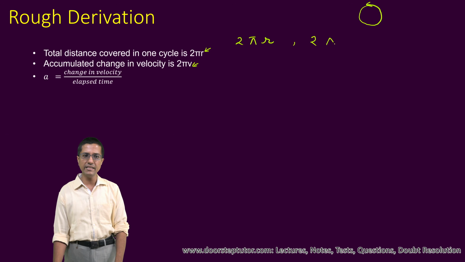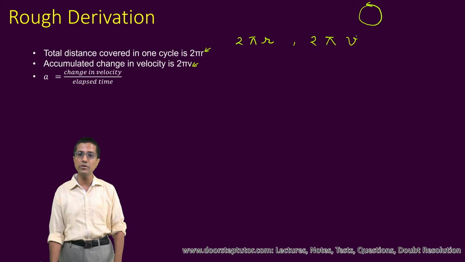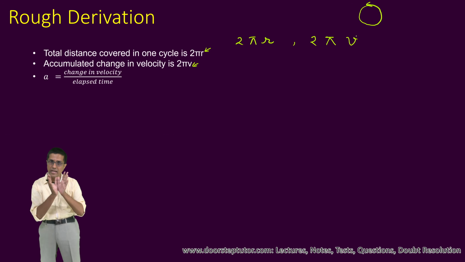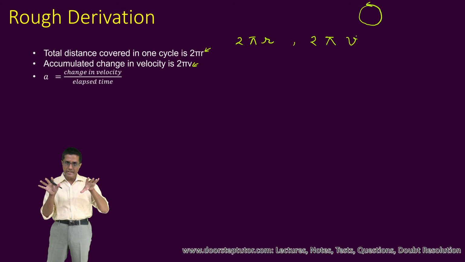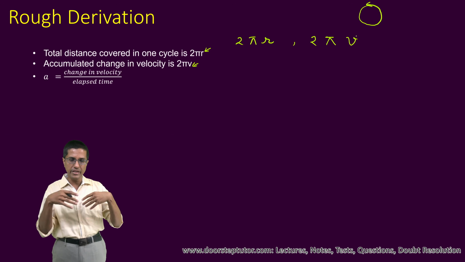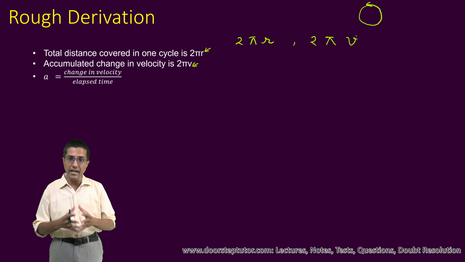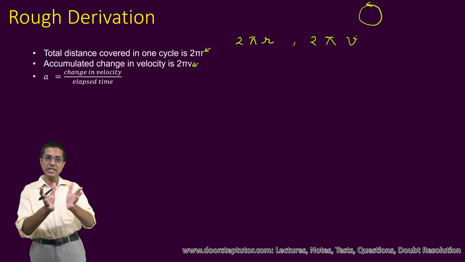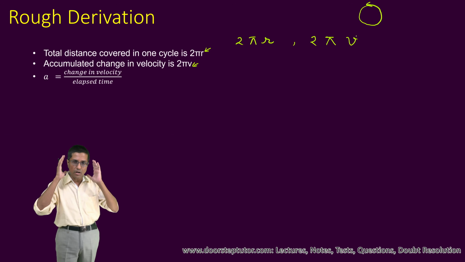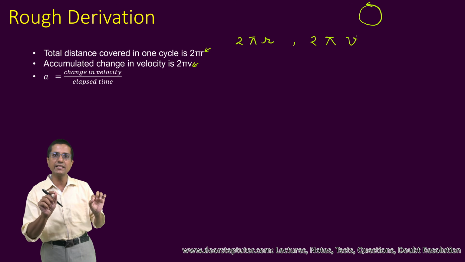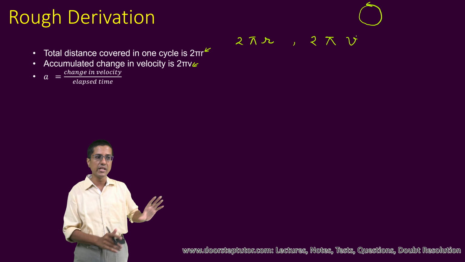This is the total change which the velocity vector of magnitude v has accumulated. Again, we have converted these vectors r and v into some kind of scalar quantities. But this is just for our intuitive understanding. This is not an exact definition. The exact definition we have already done.